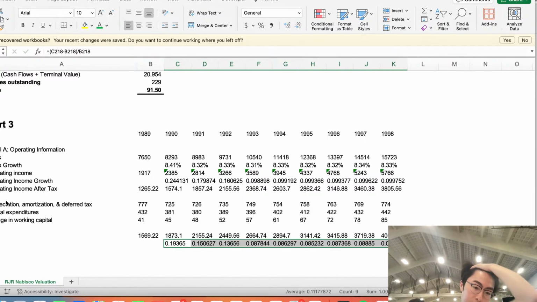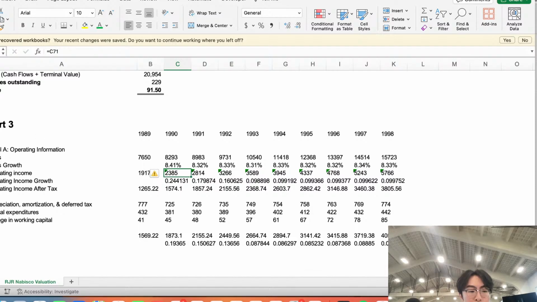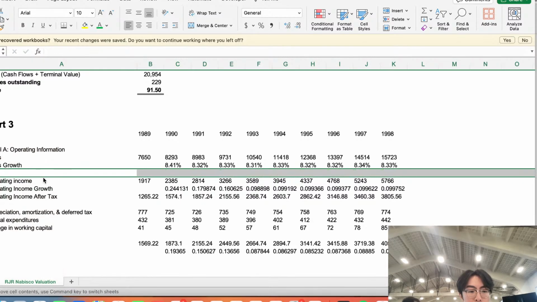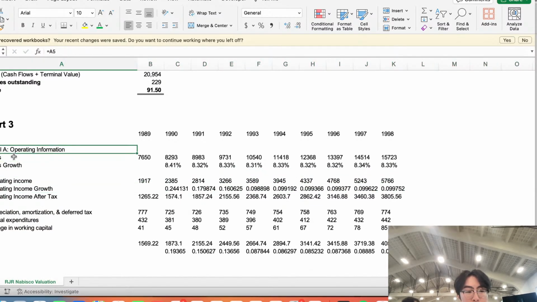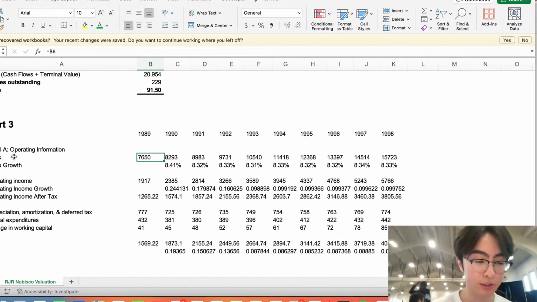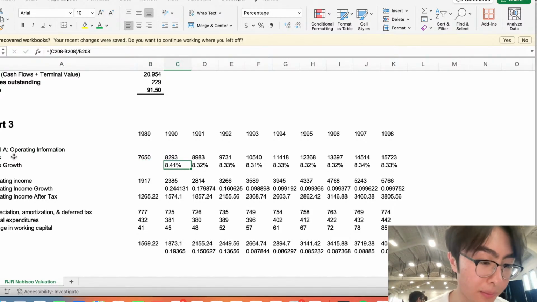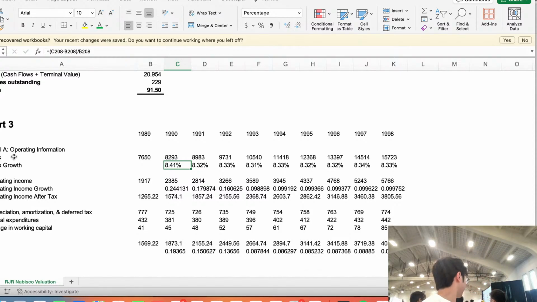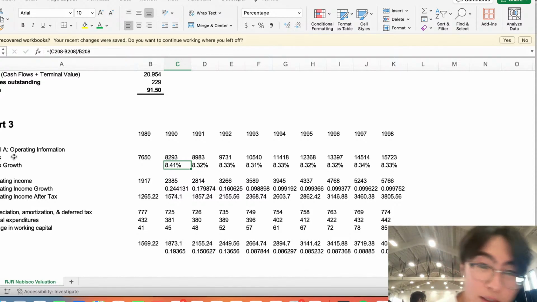Free cash flow growth. So we have the sales and sales growth, operating income, operating. I'm gonna take a look real quick.